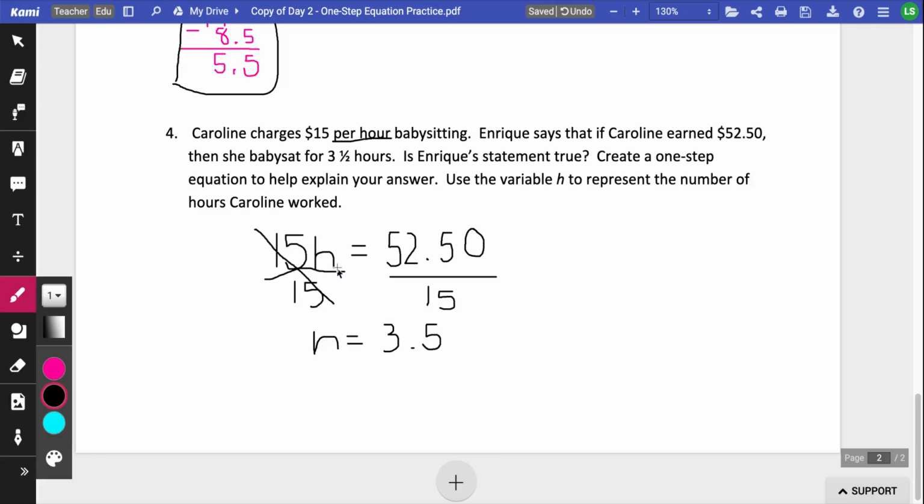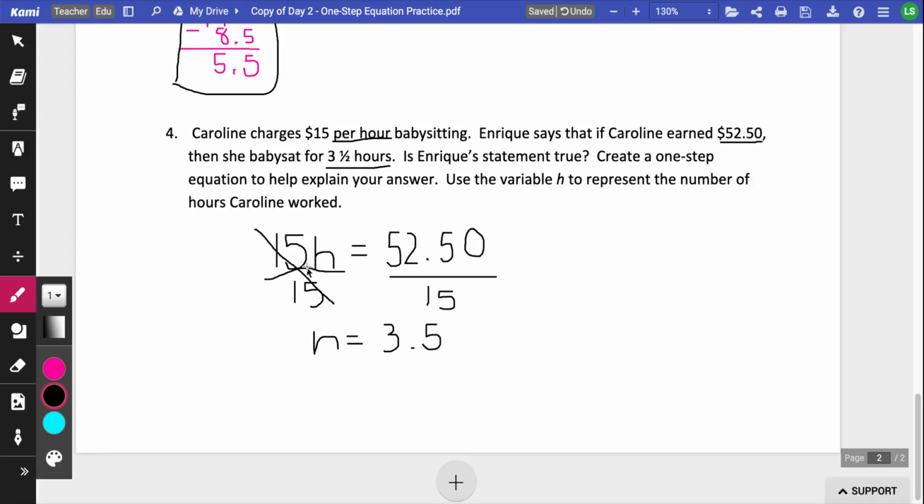We don't know. But what Enrique is saying is that if she earned $52.50, then that means she worked 3.5 hours. So we are trying to determine that when I solve my equation, does the variable, or h, equal 3 1/2? So my original equation, follow my cursor, was 15h equals 52.50. In order for me to isolate h, I have to do the inverse operation.